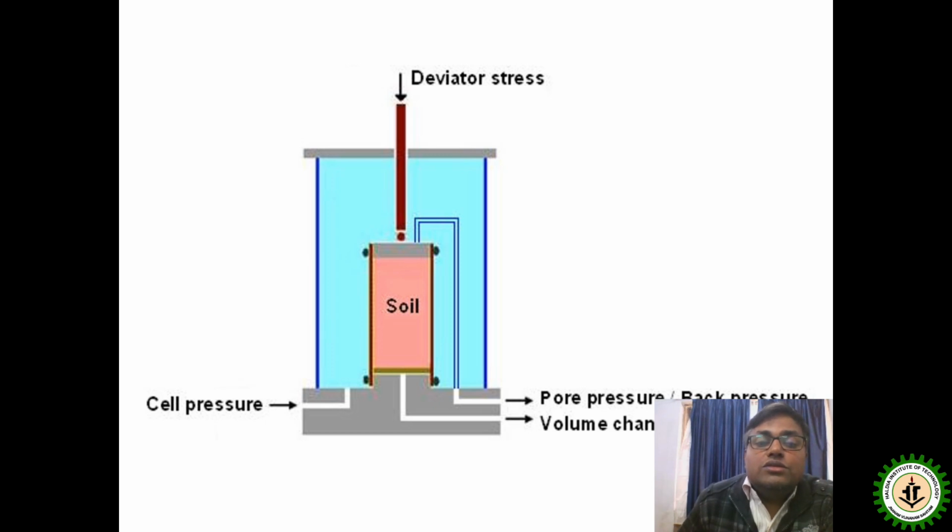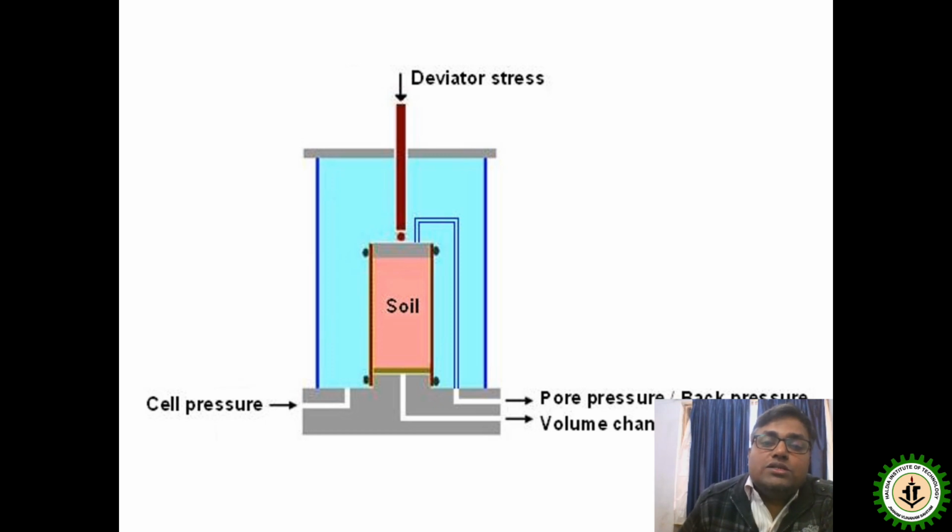Here the soil sample will be put inside a triaxial cell, and this cell will be filled with water. Then through water, a confining pressure, that is called the cell pressure, will be transferred on the soil mass. So sigma 3 will act as the confining pressure in all directions of the soil mass, laterally as well as axially.